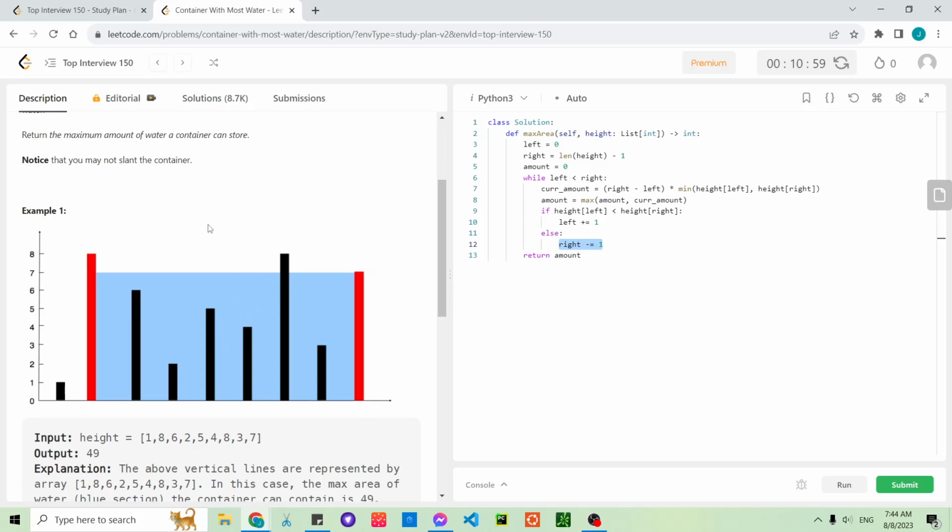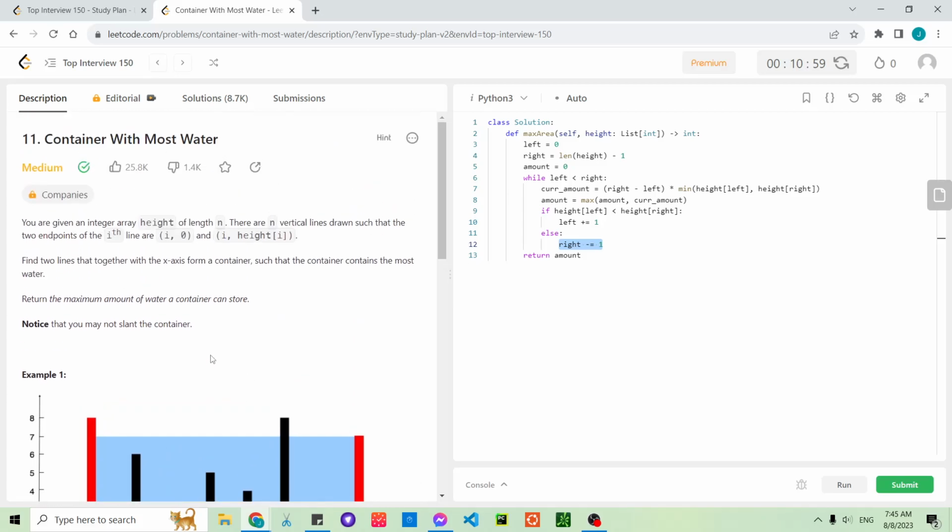But if we had moved the right pointer, it will move here, and then we would be calculating this difference of 3 times height 8. So when we're moving the left pointer, we actually never even calculate this case. So now I'm not quite sure. I'm not very convinced. We will have to see if other people have given some explanations.